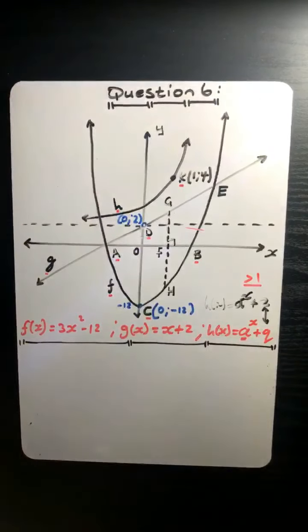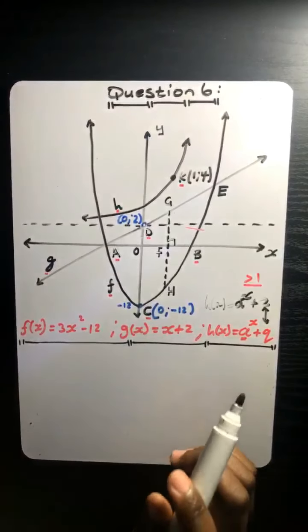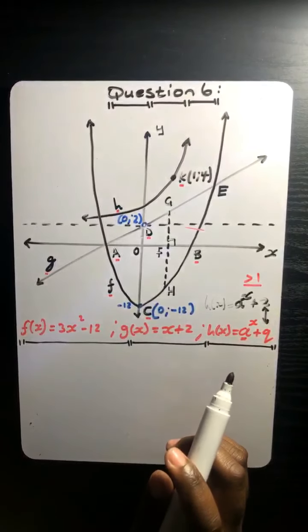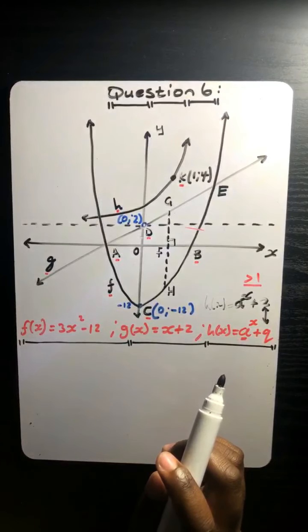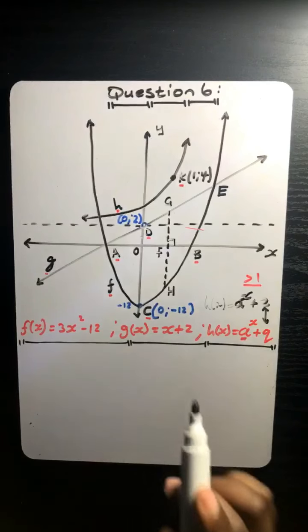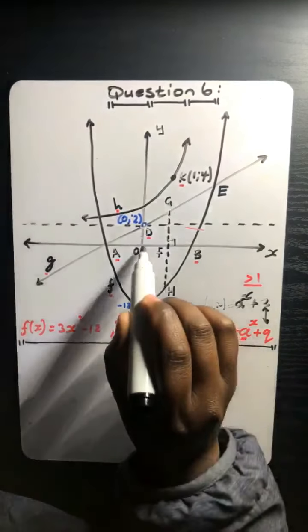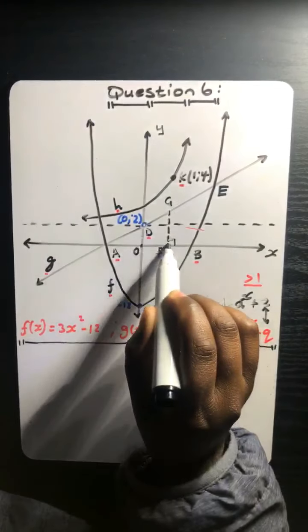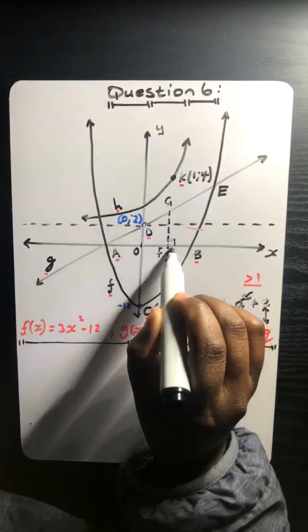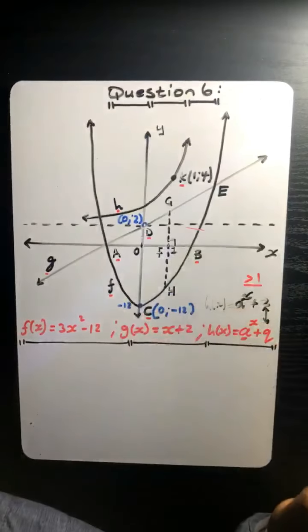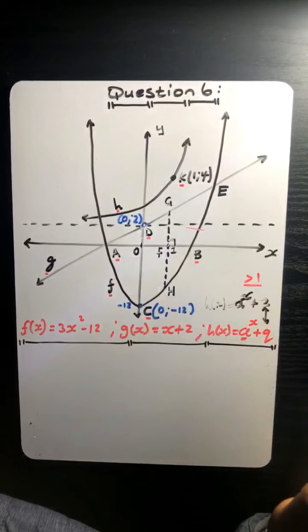Okay, let's see. The first question says calculate the length of GH if OF is equal to 1 unit. So where's OF? There is O and there is F. So they're saying if from there to there, it is actually 1. They want us to calculate the length of GH.